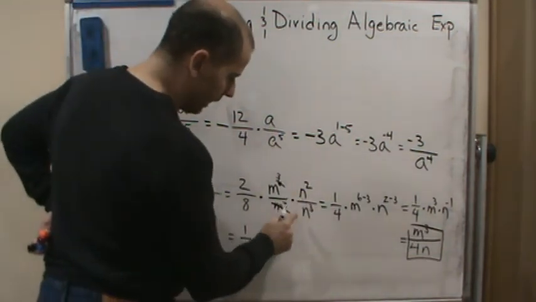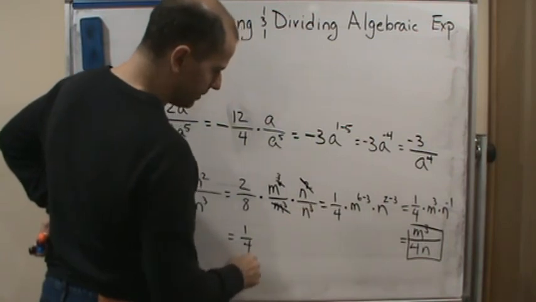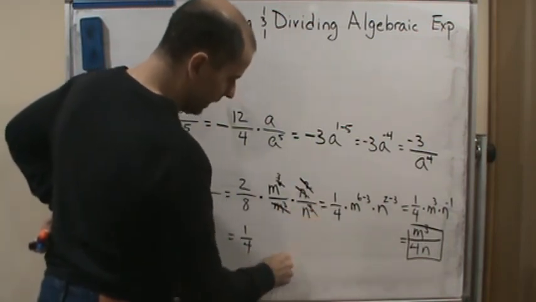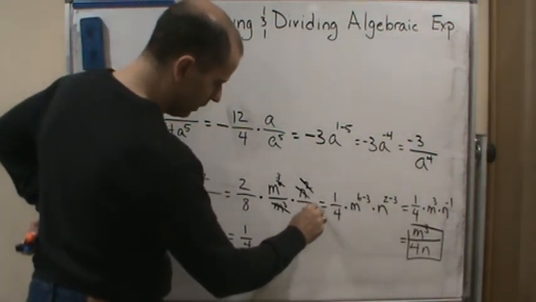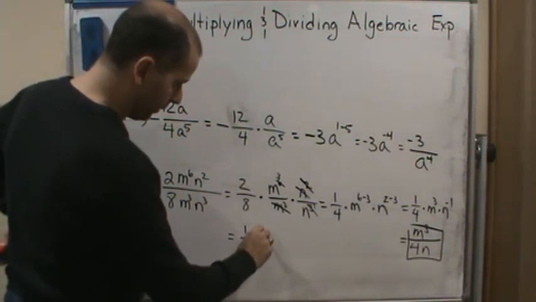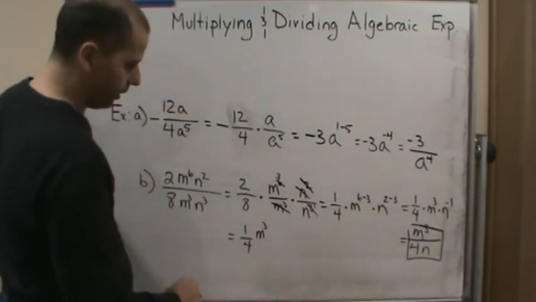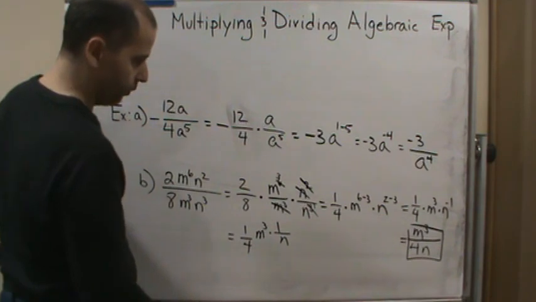For this one, I've got 2 n's here, and these 2 n's will cancel with 2 of the n's here, and that'll leave me with just 1 n. And so that gives me the same result. I end up with m to the third times 1 over n, which gives me the same result.